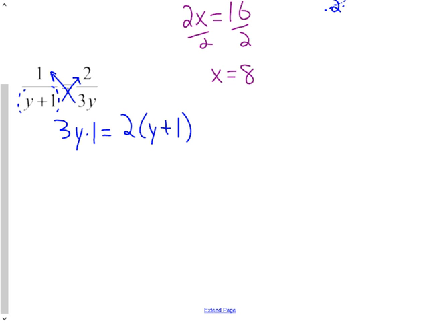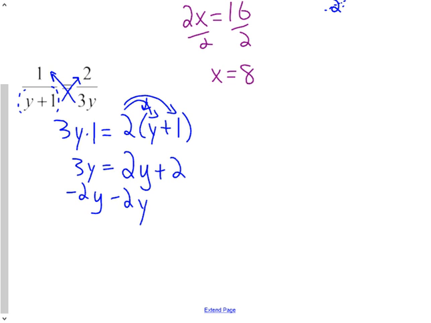It is 1 divided by the whole quantity y plus 1. So this is in invisible parentheses in a fraction. So that's why when we're doing this, it's not 2y plus 1, but we distribute 2 times y, 2 plus 1 times 1. So you get 2y plus 2 equals 3y. And then we solve by subtracting 2y from each side, and y equals 2.